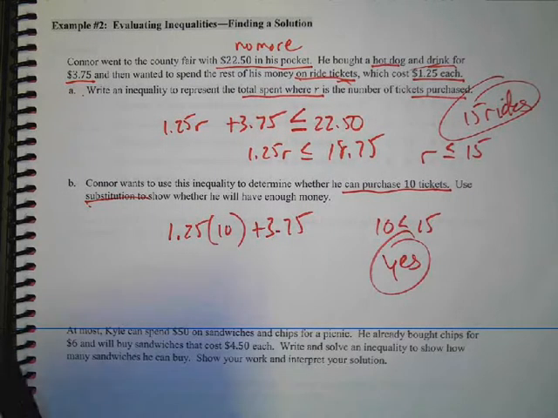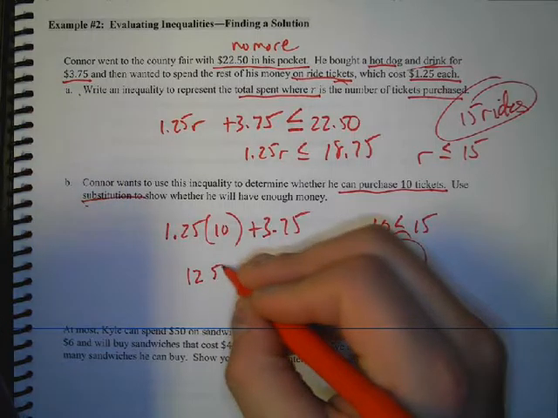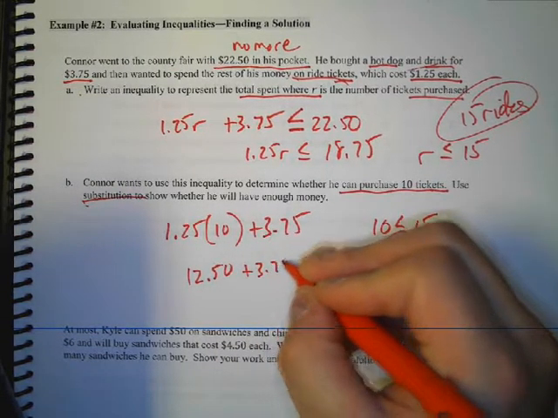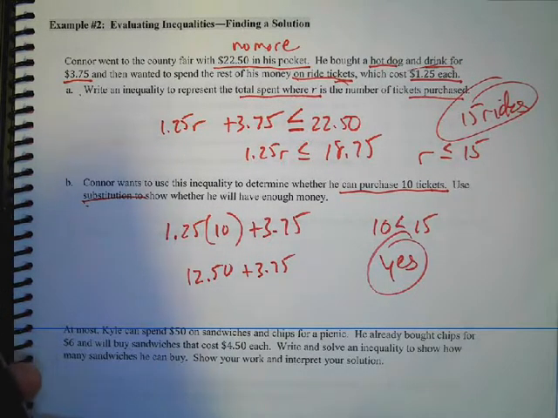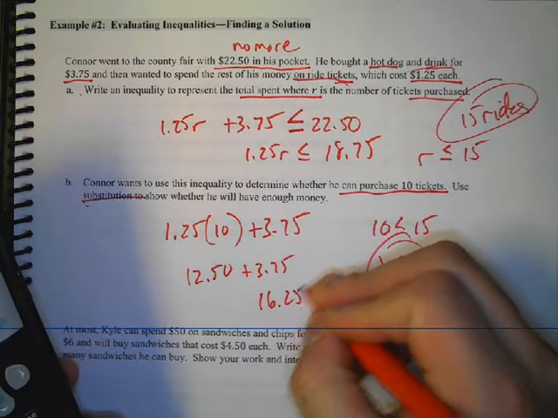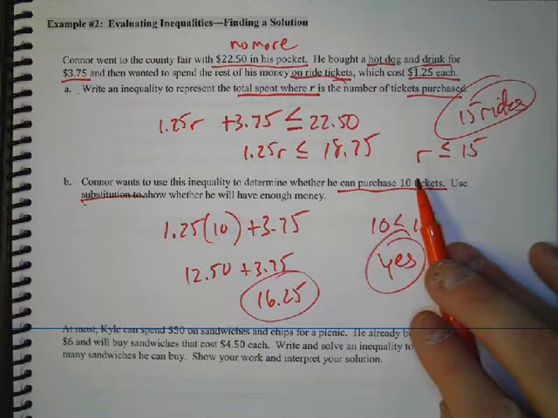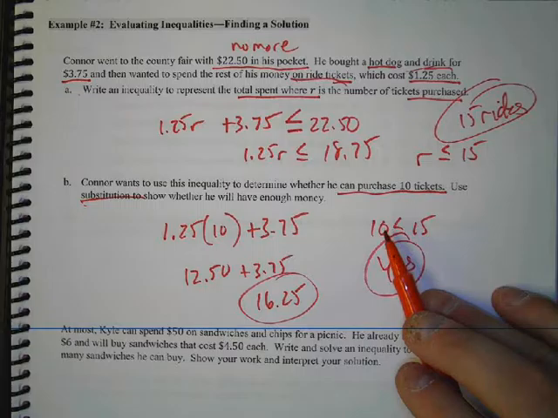So here you get $12.50 plus $3.75, and you get $16.25. But you already knew that by looking at the inequality. Rides have to be less than or equal to 15, and because 10 is less than 15, it is true.